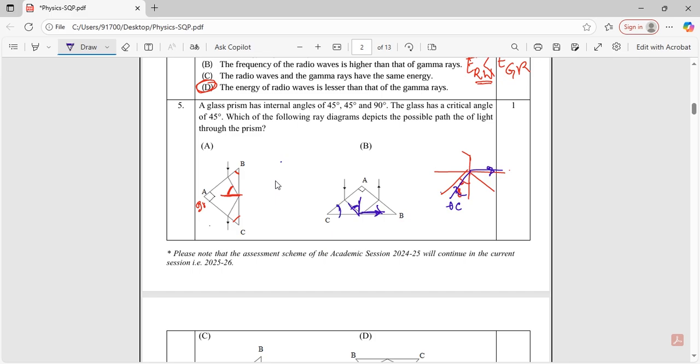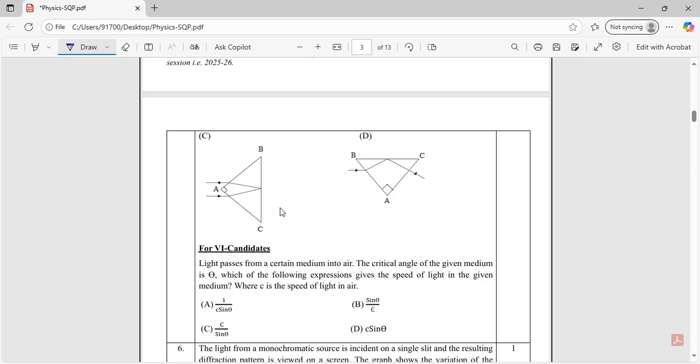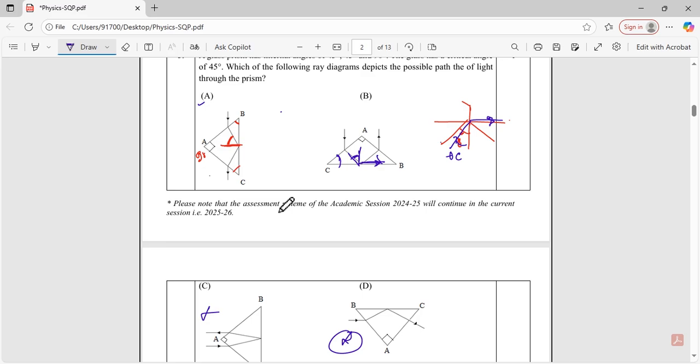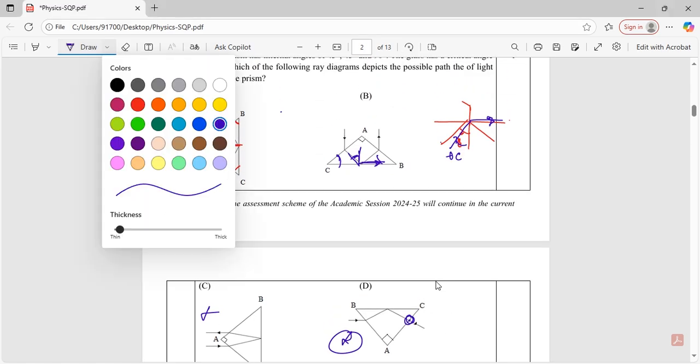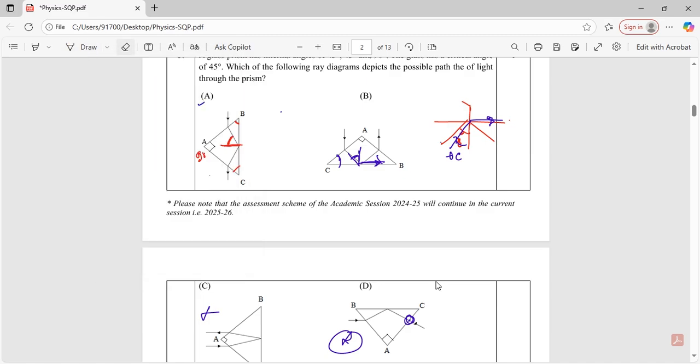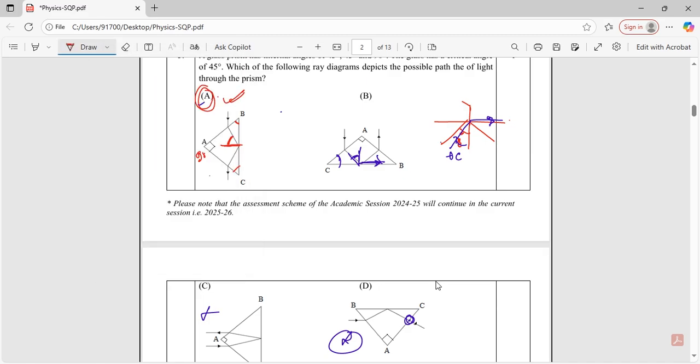So A and B are almost correct. C is not possible, and D is also not possible, because of this. So option A is correct, due to total internal reflection.